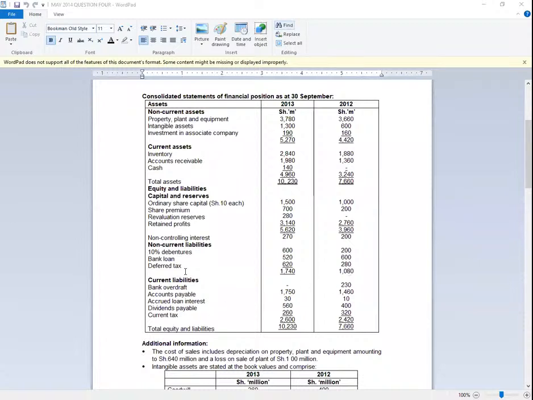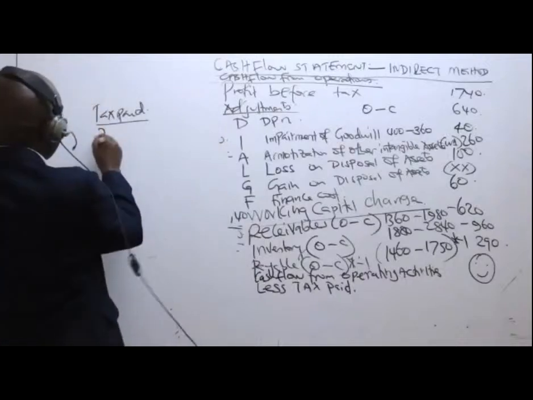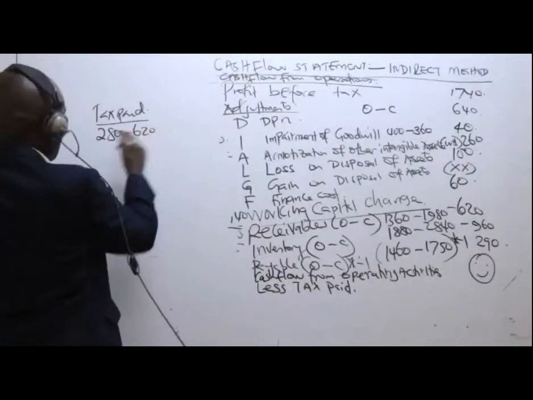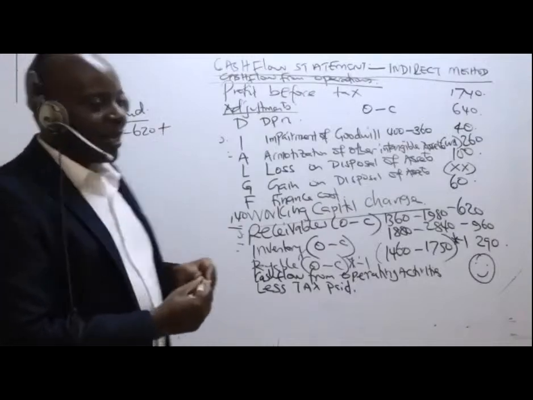No problem. First of all, we handle the deferred tax. So deferred tax, I'll take 280 opening minus closing, 280 minus 620. So opening minus closing, plus the current tax.